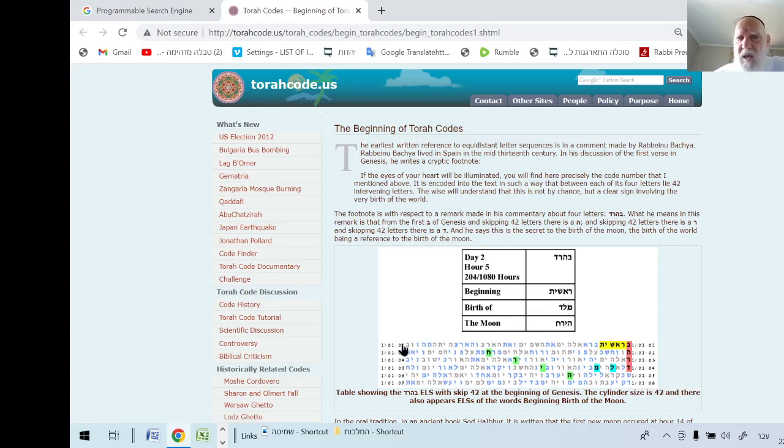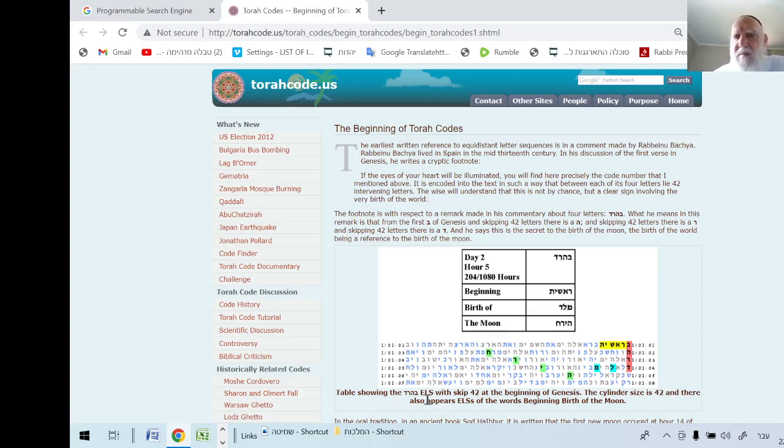It means that the Torah is divided letter by letter into 42 letters in the line so that you will be able to read it. You can read it, Bet Hey Resh Daled. And here is the word Molad, birth, and this is Hayareach, the moon. So this is what you see in the table, and this is what is written.